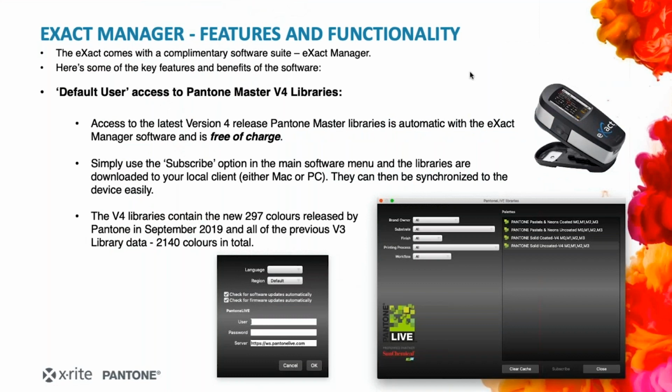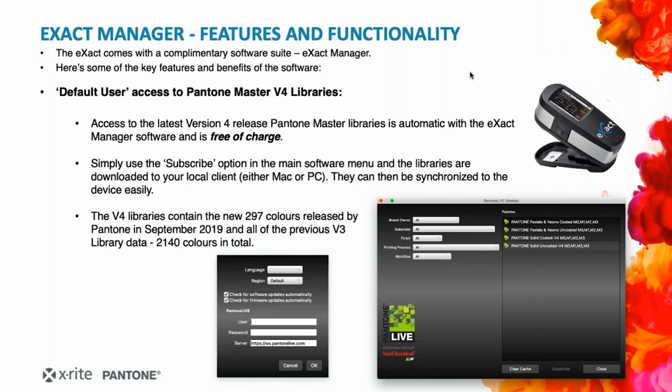Again, for those of you who have attended the previous webinars, you may see some of these slides in some of the previous content. We want to expand a little bit more on what the eXact Manager software actually does. If you purchase an eXact, you get, as part of the purchase of the hardware, some complementary software, and the main part of that software is the eXact Manager itself.